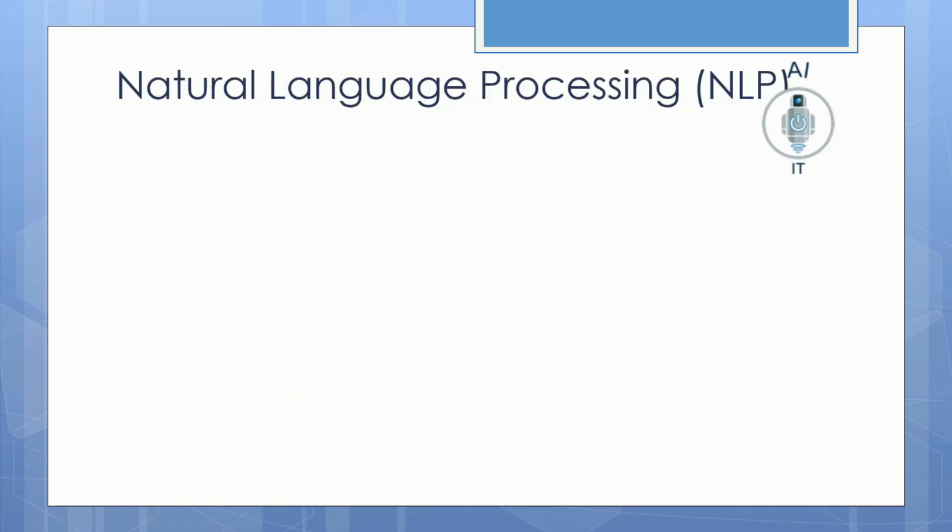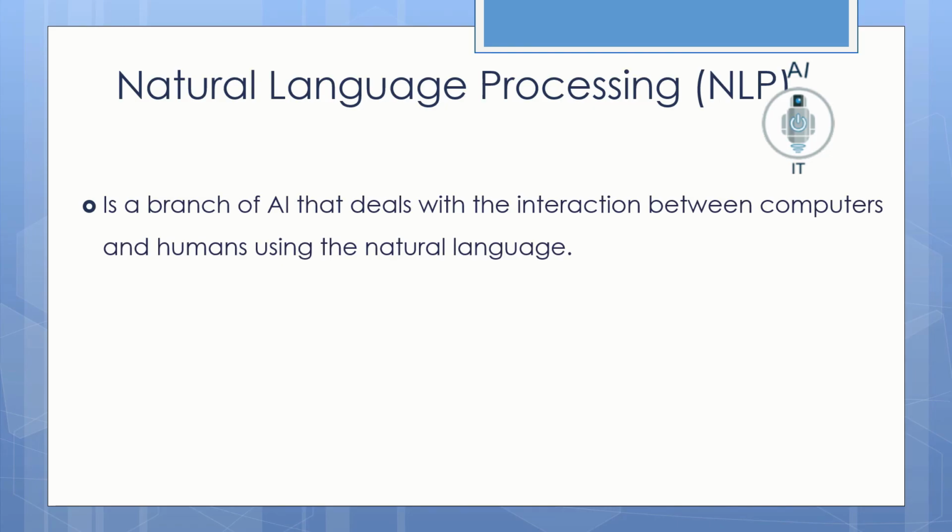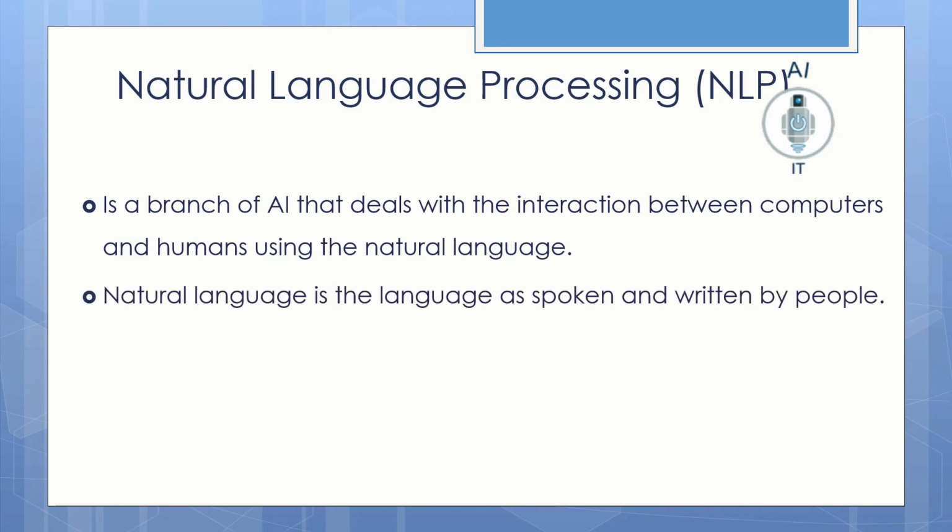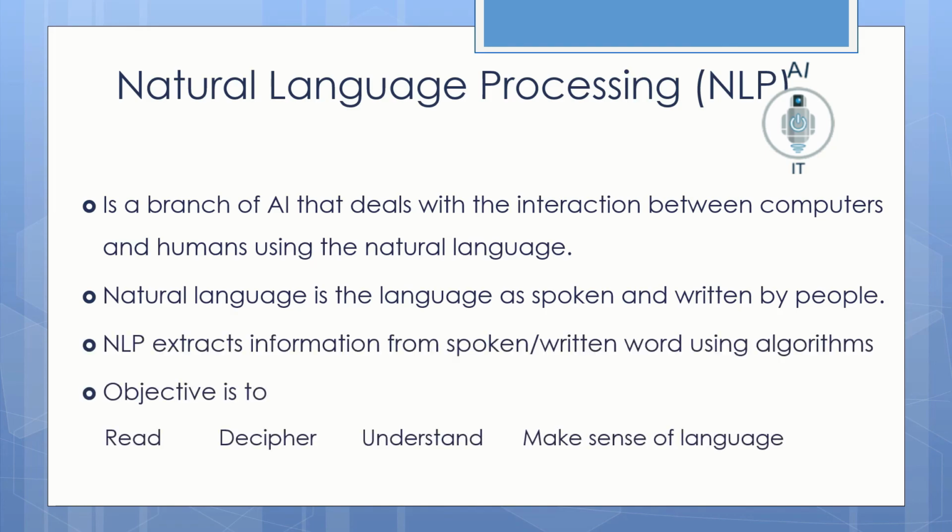Next, let us learn the third domain, which is natural language processing. NLP or natural language processing is a branch of AI which deals with the interaction between computers and human beings using the natural language. Now, what is this natural language? It is the language as spoken and written by us, the people. Now, this extracts information from the spoken or written words using different algorithms.